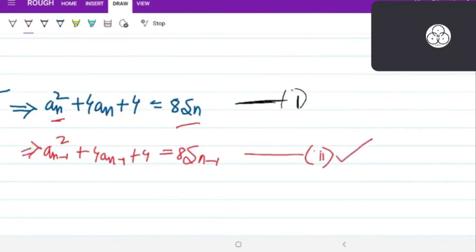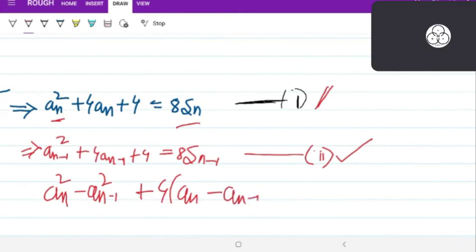So we can subtract this equation from this. What we will get? An square minus an minus 1 whole square plus 4 times of an minus an minus 1 equals to 8 times of this. Sn is what?